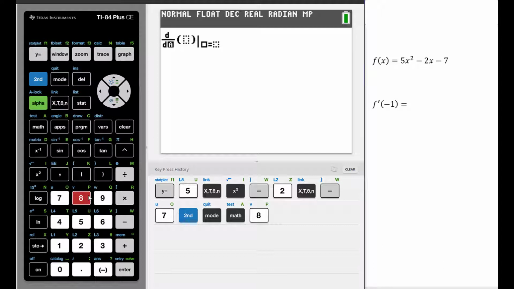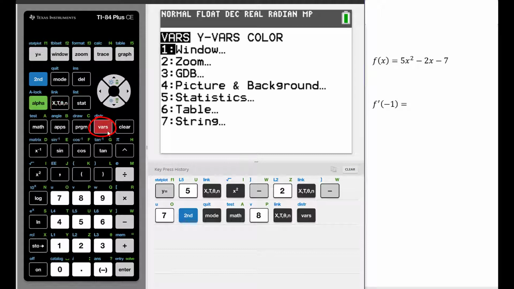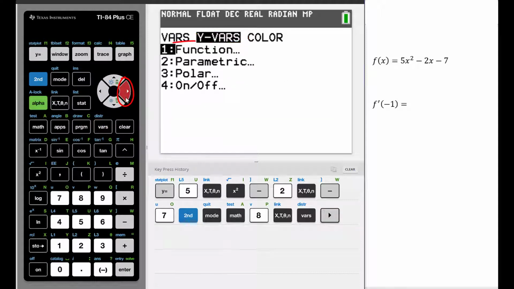Here, we want to find the derivative with respect to x, so we're going to type in x so we get dx, and notice that an x is going to appear right after our vertical line. Then we're going to press the Vars button, and scroll over to the right one spot to Y-Vars and press enter on number 1 for Function.